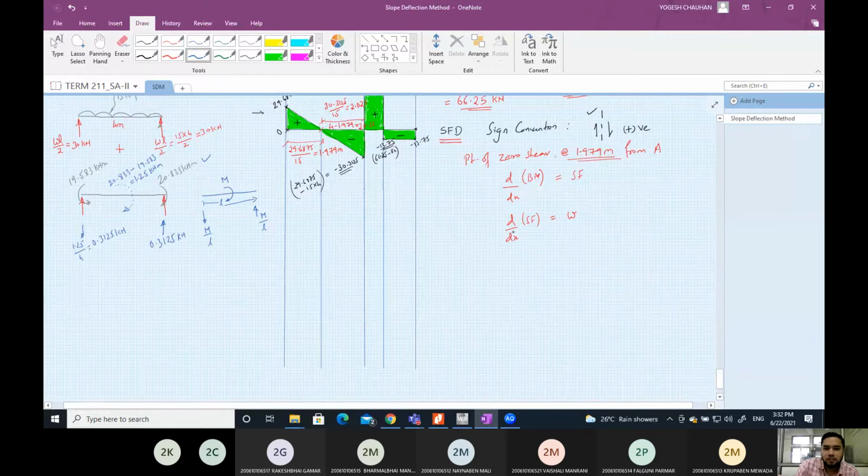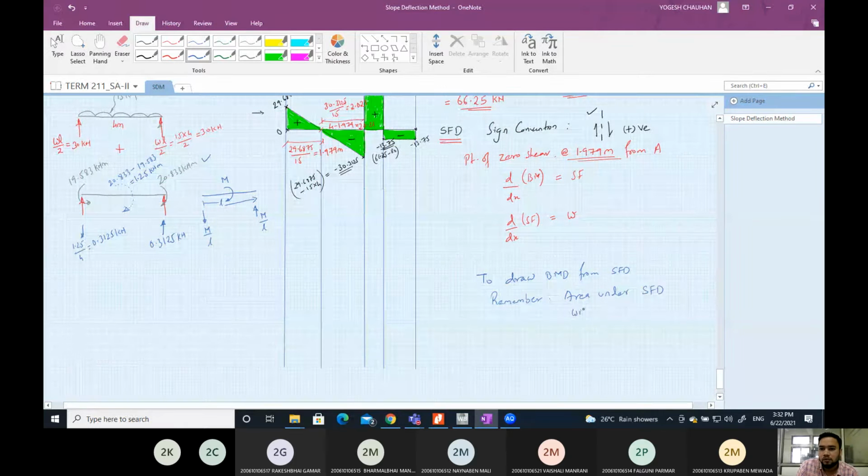Now to draw the bending moment diagram from the shear force diagram, remember, the area under the shear force diagram will give the bending moment value.